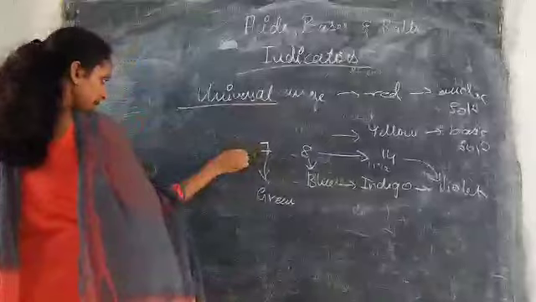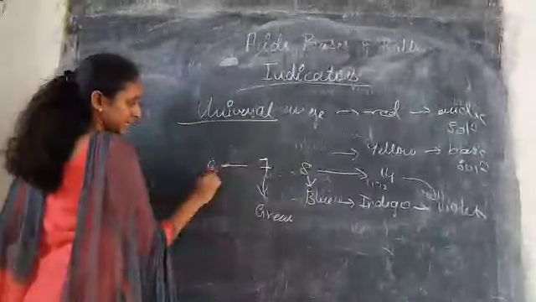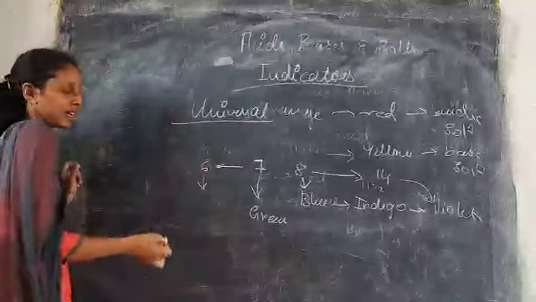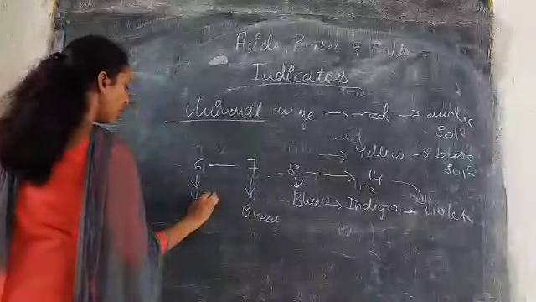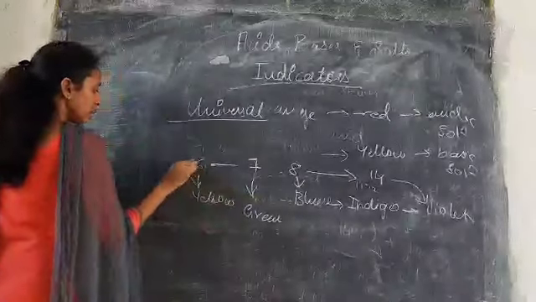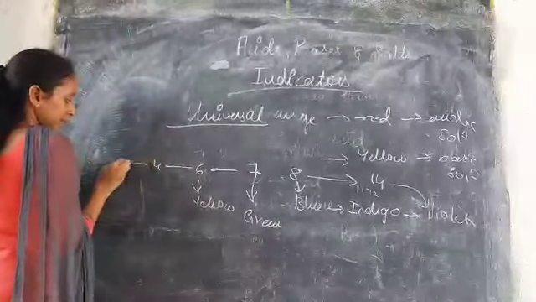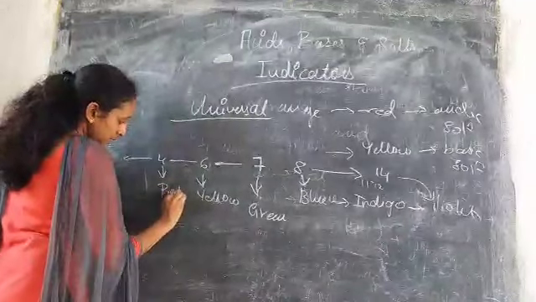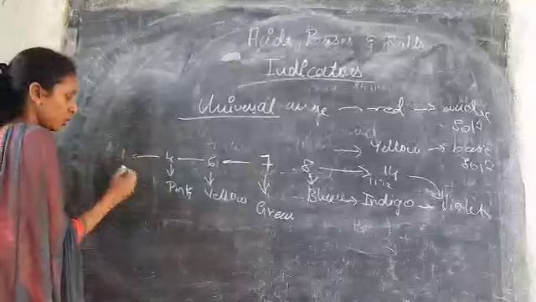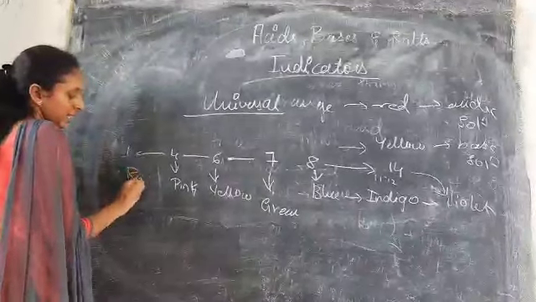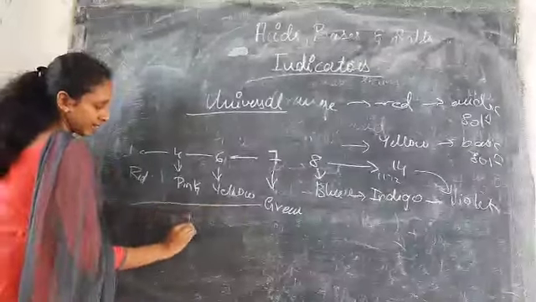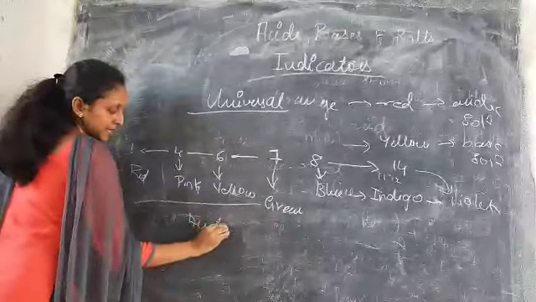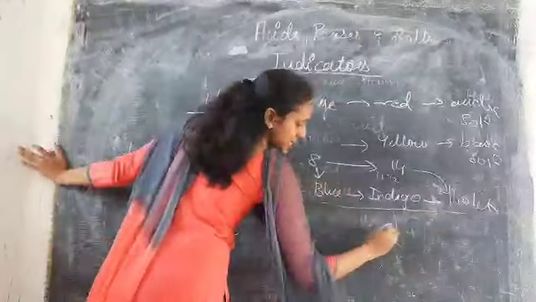From here, if you take 6, this is acidic, from yellow. Then if you go to 4 or something like that, this will give you pink, and if you go to 1 or 2, this will give you red. So this is acidic and this is basic.